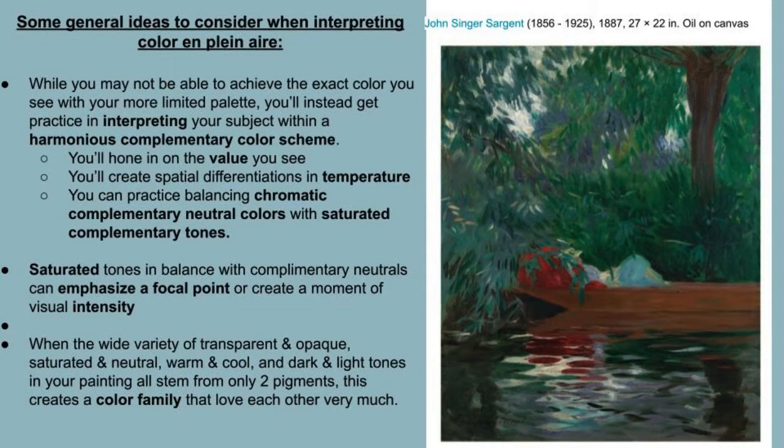But you can also mix them together in different ratios, as well as create tints of them by adding a bit of white, in order to create a vast array of different kinds of neutral tones. Using just these two complementary tones plus white will create a color family that all functions with a really beautiful harmony because they're all stemming from the two major pigments.